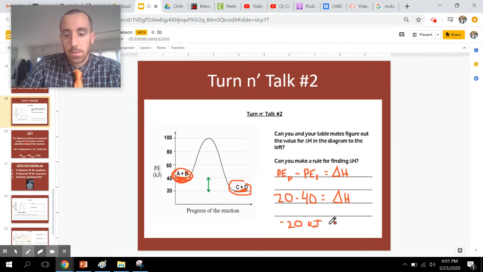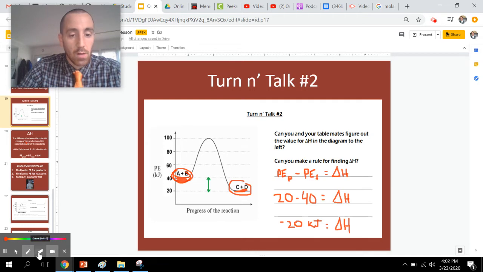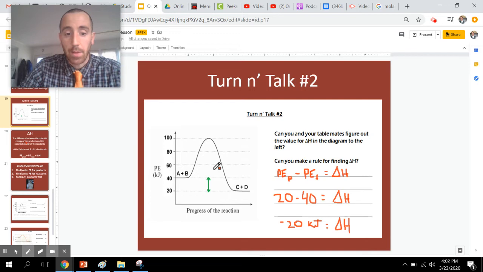Okay? And that equals delta H. So now, knowing that, going back to one of our earlier lessons in this series of lessons on these diagrams, you know that this is higher than that.